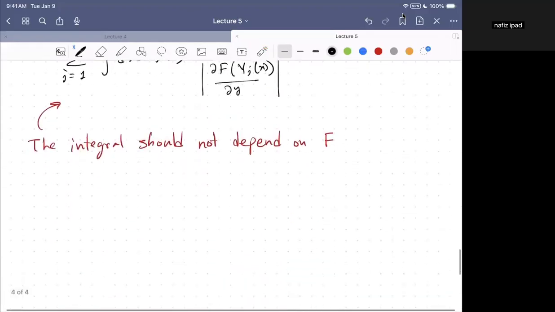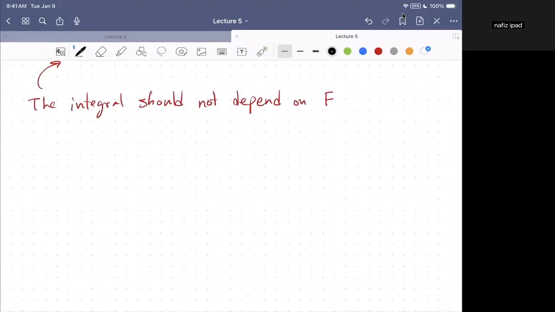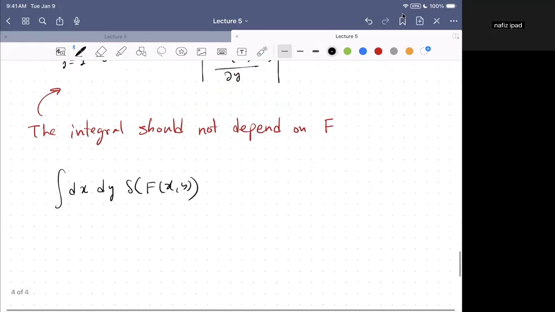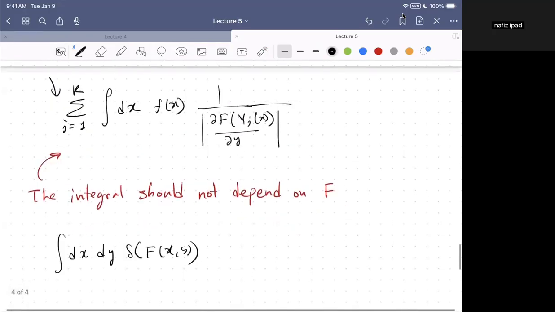So what is that extra factor? We could have done the following: dx dy delta f, take this thing.